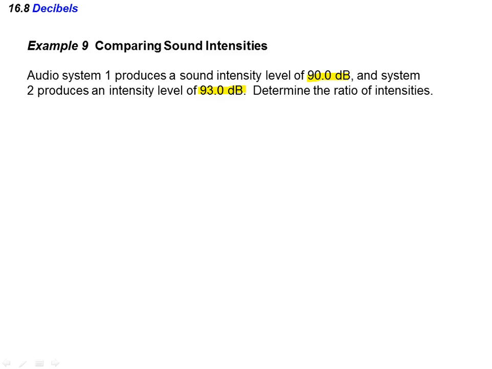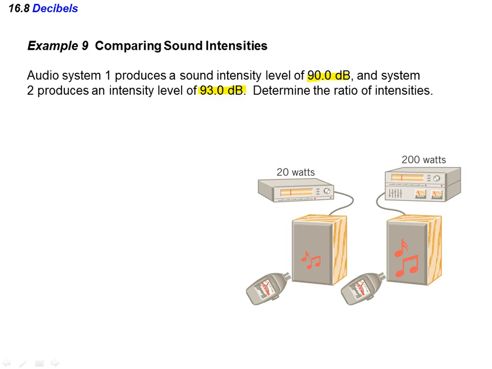That's not a whole lot more. It's not creating that much more sound or that much more power output. But remember, this is intensity level, and it's a little deceiving of a scale because it's a logarithmic scale. This kind of tells the story a little bit in that we have a 20-watt system and a 200-watt system, but we'll get to that in a second.